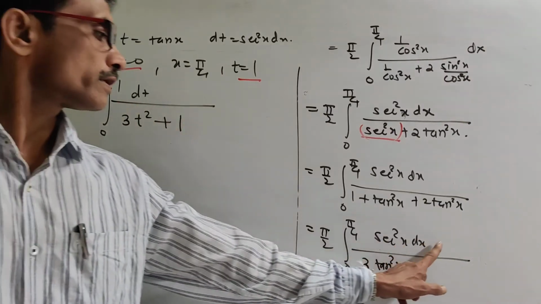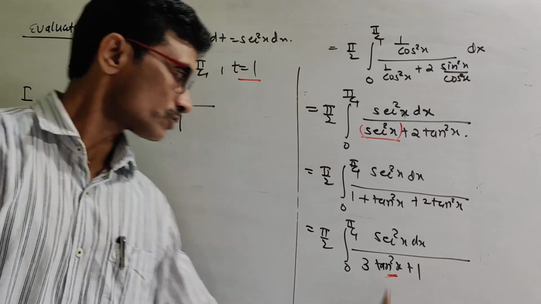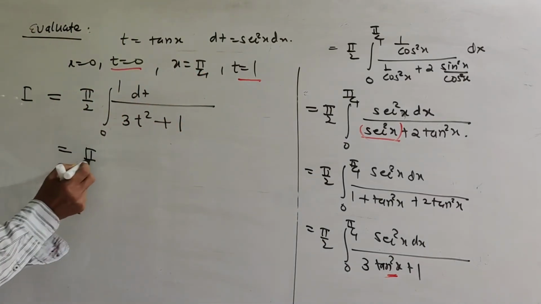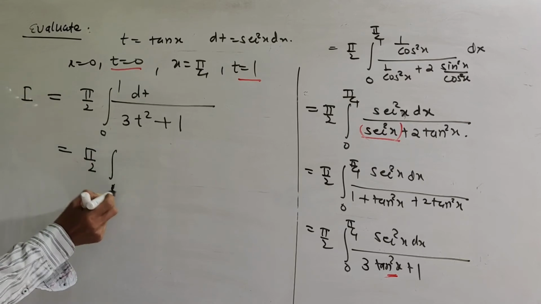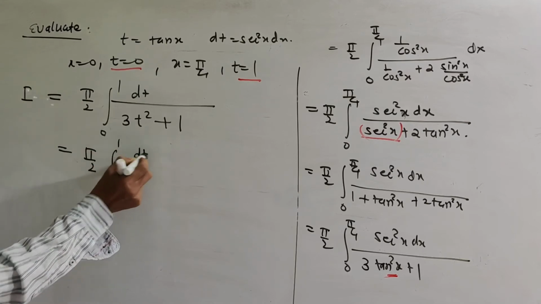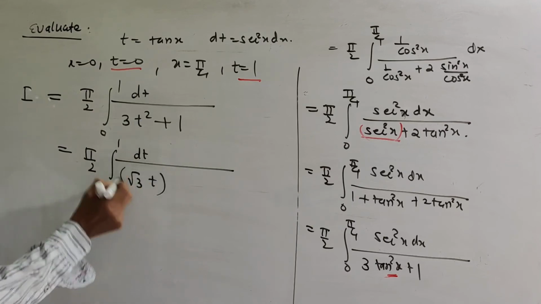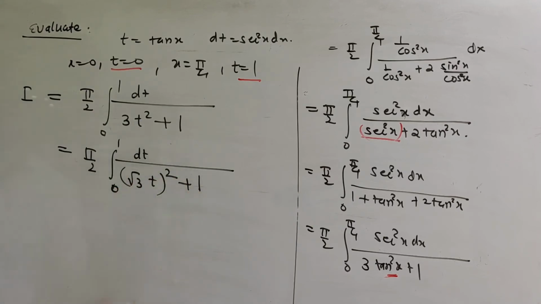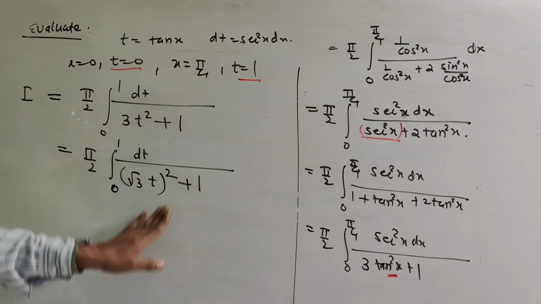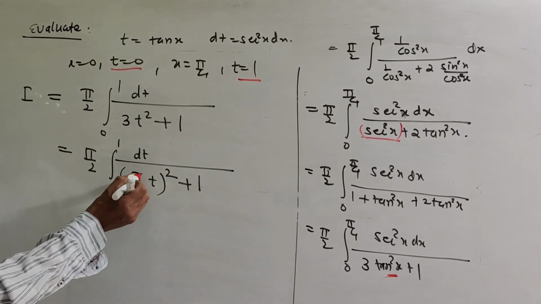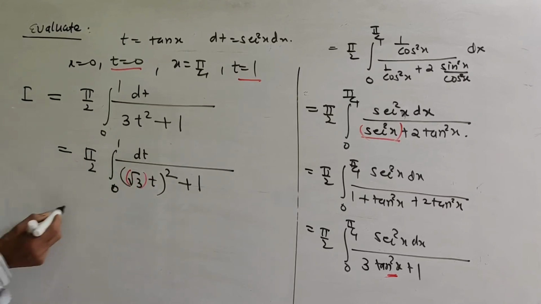Sec square x dx is dt. This is pi by 2 integral 0 to 1 dt upon root 3 t whole square plus 1. Now its integral, dx upon 1 plus x square, is tan inverse of x, but the coefficient of t is root 3.